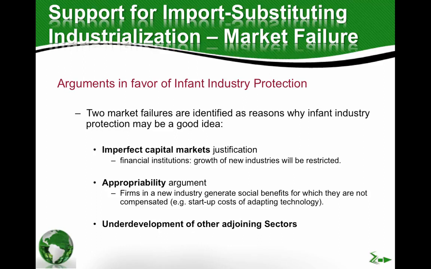One such argument is that there are certain market failures that prevent an industry from reaching its comparative advantage. A sector has the potential to reach a high level of productivity such that the country might have a comparative advantage in the future, but at this point in time it is being constrained and restricted by other sectors, and one might be imperfect capital markets.